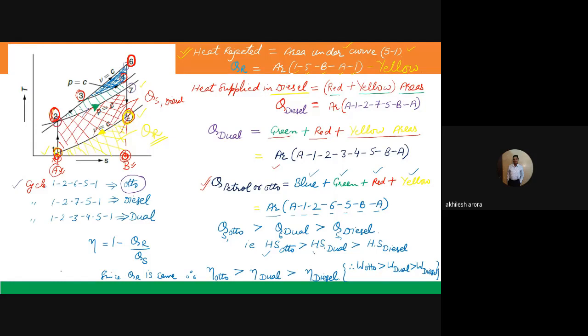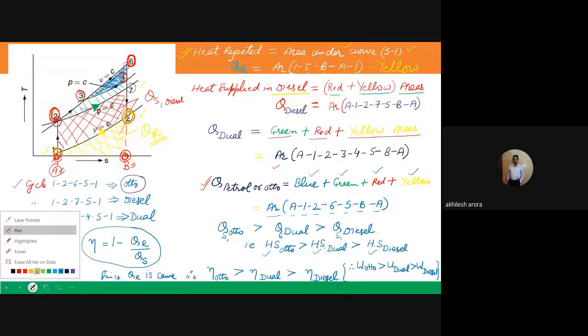And I have already told you that heat rejected is the same in all three cases. This is the definition of the efficiency of any cycle: 1 minus heat rejected divided by heat supplied.